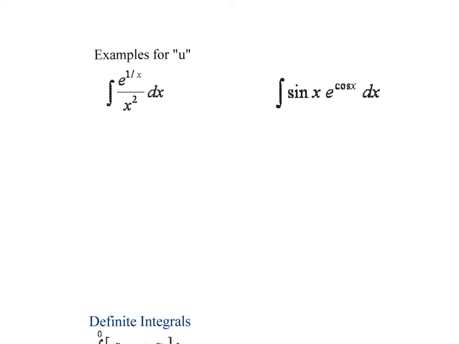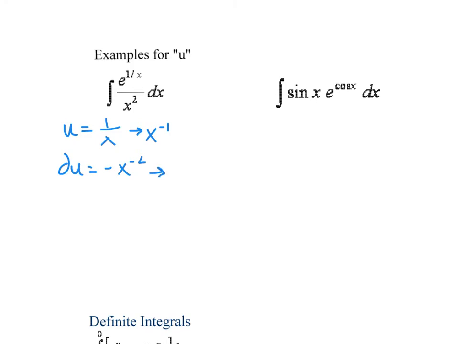Okay. First thing to notice here is that we got a lot going on. But also, your 1 over x is going to be your u, which actually helps us because du, if you remember, this is the same thing as x to the negative 1, is negative x to the negative 2.